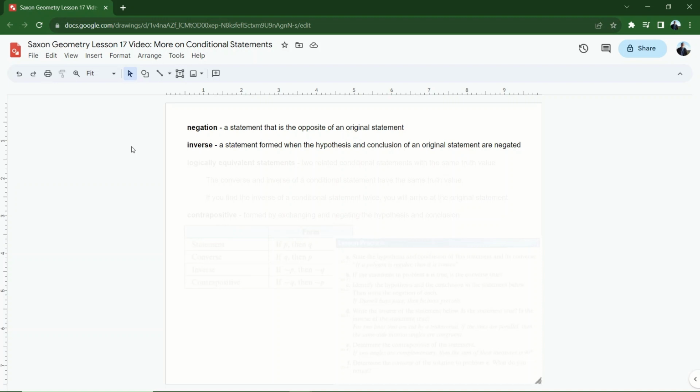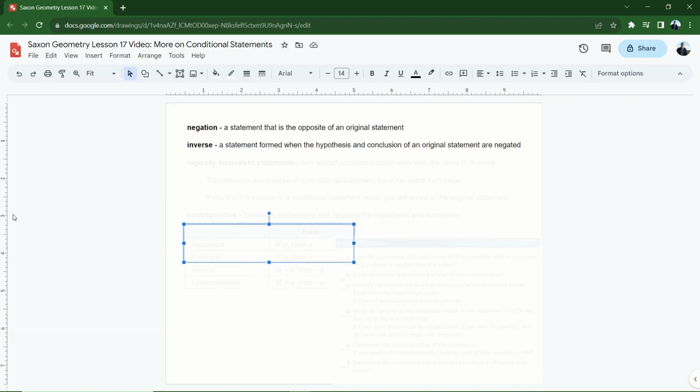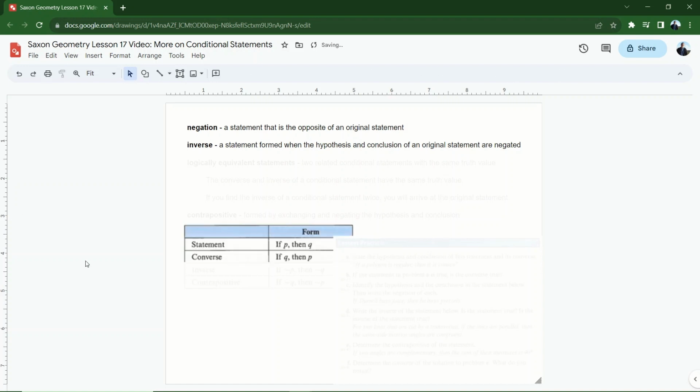All right, so let's think about a conditional statement. If it is 95 degrees outside today, I will wear shorts. The inverse would be, if it is not 95 degrees outside today, I will not wear shorts. You see how I just changed the hypothesis and conclusion to include the word not? So that's our first type of conditional statement for this lesson.